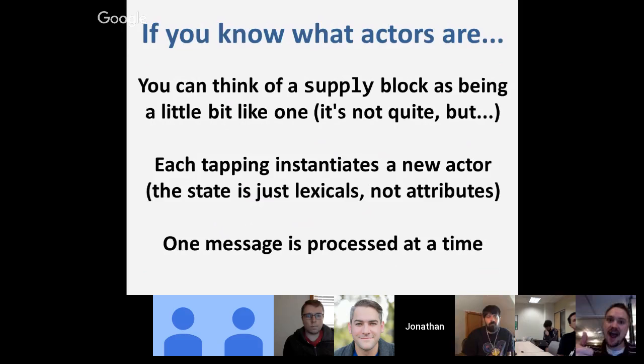If you know what actors are, by the way, and if you don't, don't worry about this, you can think of a supply block as being a little bit like one of those. It's not quite that, but it's very similar. Each time you tap, it makes an instance. The state is lexicals instead of attributes, but it enforces the one message processed at a time.